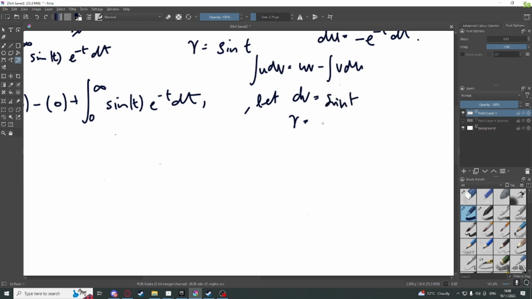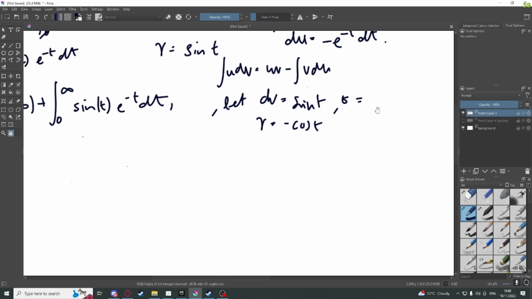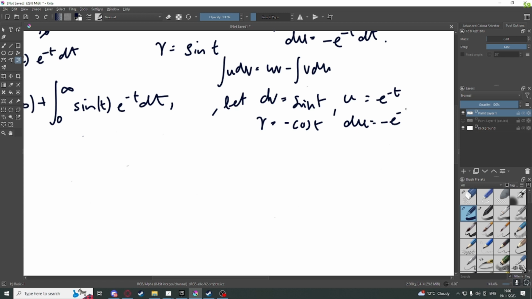So v, integrating sine, would be negative cosine of t. And u would equal e to the negative t. du would equal negative e to the negative t.